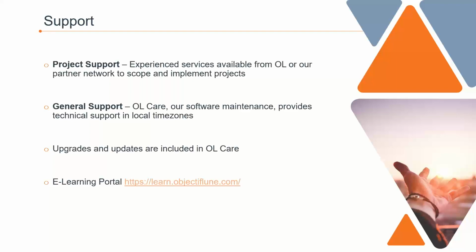So this is through our software maintenance, and this provides technical support in local time zones. We also provide upgrades and updates to our software without any additional charges. So as long as you are covered by maintenance, you will get at least 2 new versions of the software every year. So you can rest assured that your software will always be up to date and always be innovative.